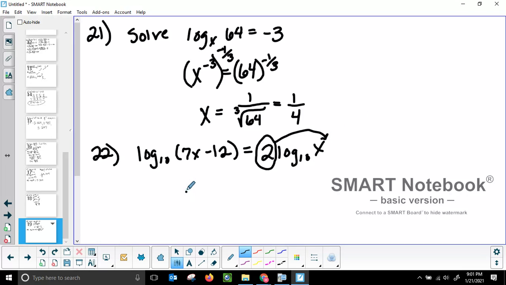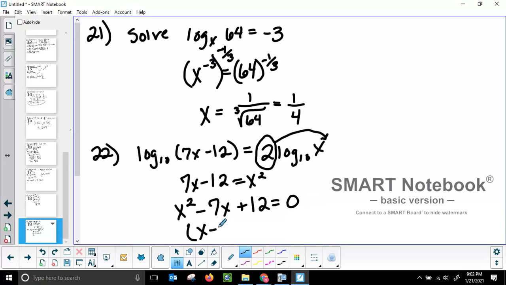And then we can say 7x minus 12 is equal to x squared. Then we can set this equal to 0, and we get x squared minus 7x plus 12 is equal to 0. So this factors to x minus 3 and x minus 4. Therefore x is equal to 3 and 4. Done.